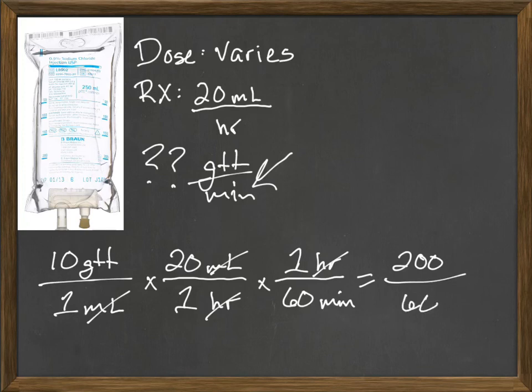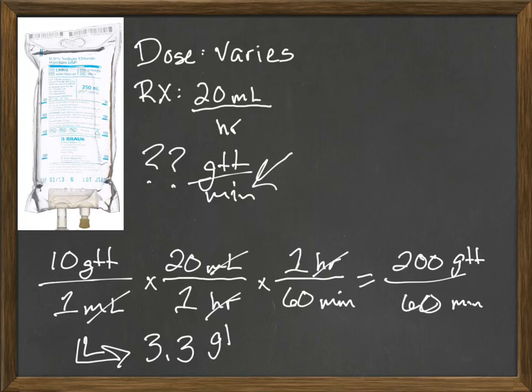Now all we need to do is do our math of 200 divided by 60 of our drops per minute. So that breaks on down to 3.3 drops per minute.